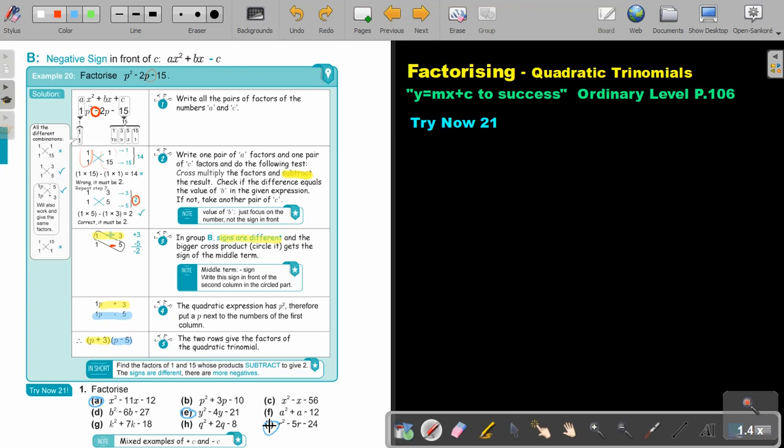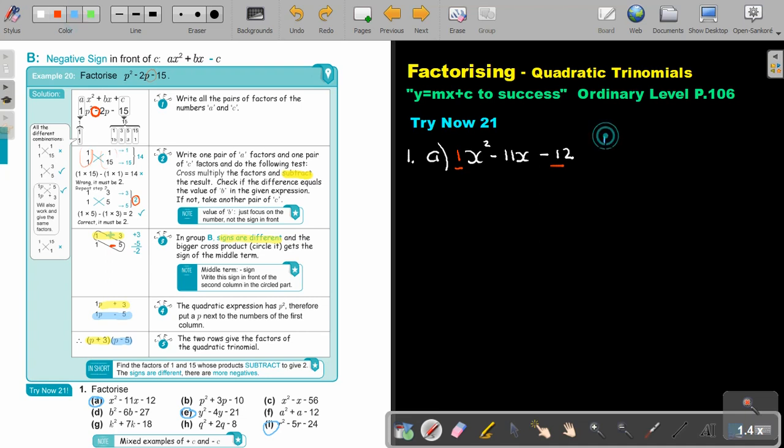So let's quickly go. This is number 1, this is number A. First write it: x squared minus 11x minus 12. Then I'm going to take the numbers 1 and 12, and break it up into factor pairs.